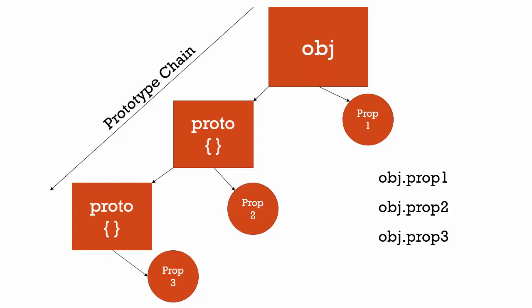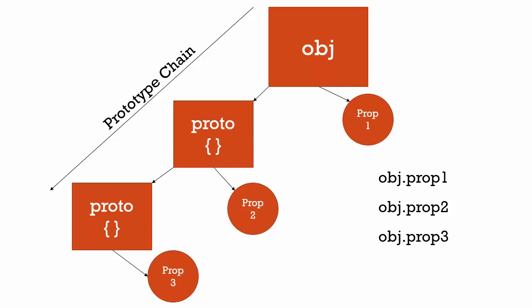And it's hidden from me in the sense that I don't have to go obj.proto.proto.prop3. I can just say obj.prop3. And the JavaScript engine does the work of searching the prototype chain for those properties and methods.